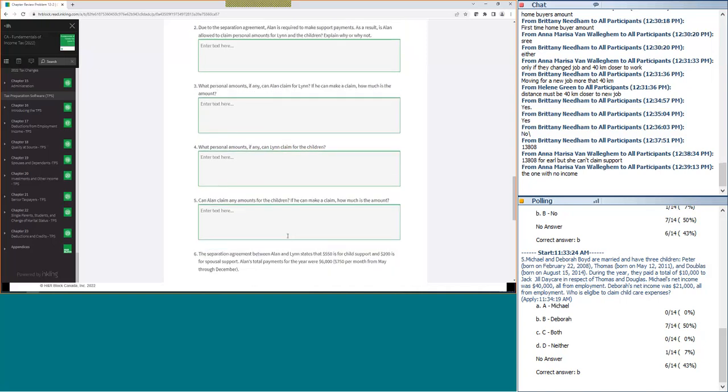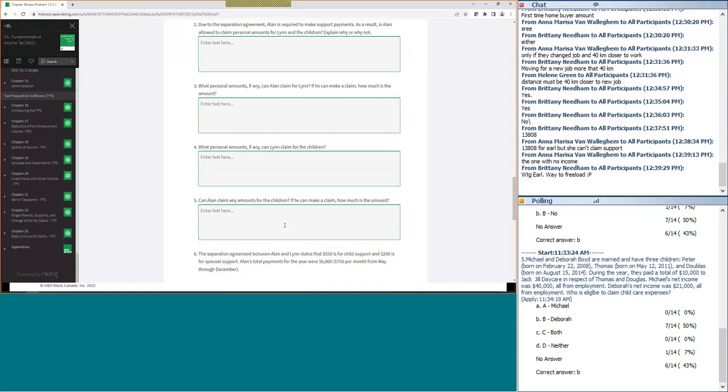Okay. Can Alan claim any amount for the children? If he wanted to, could he claim an amount for his children? He is paying support, but it is the year of separation. In the year of separation, yes.